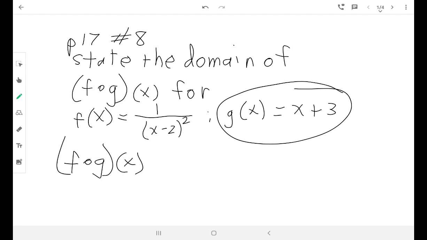So my G composite F of X equals F of G of X.